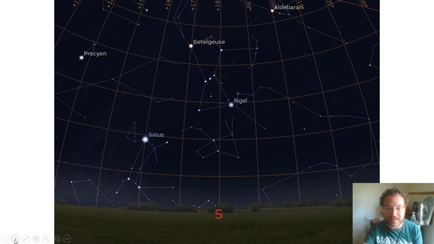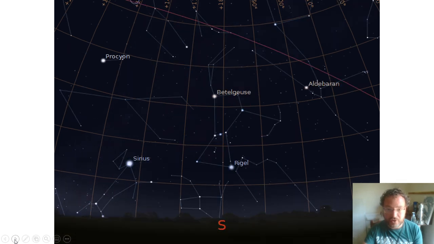This is Orion at its high point. This is now. So looking at the night sky now in the winter, you will see Orion at its highest position, quite high in the sky. And you go back to the age of Stonehenge, and Orion is a lot lower in the sky.